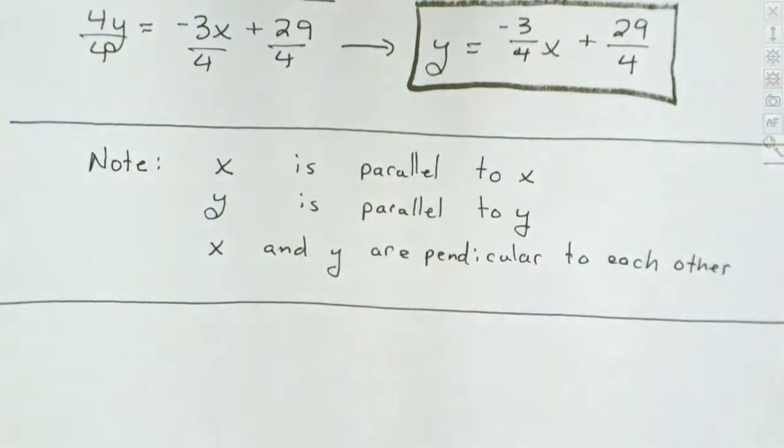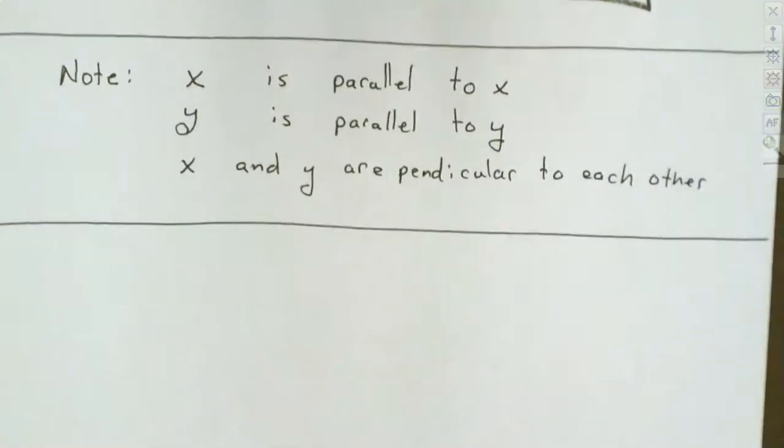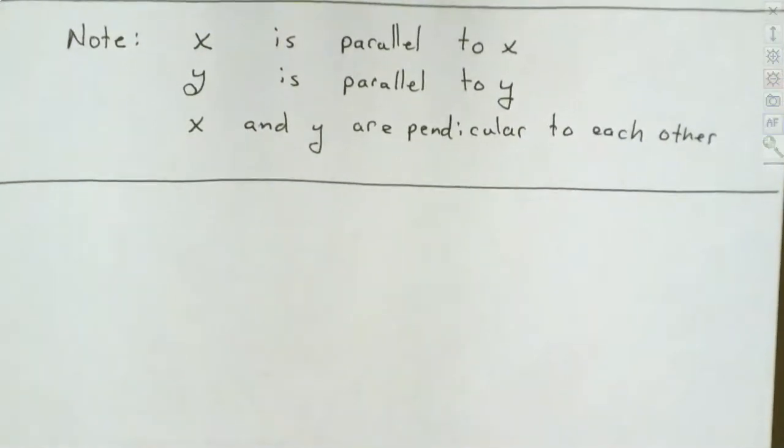So x is going to be parallel to x, y is parallel to y, and when it's the x and the y, they're perpendicular to each other. These next ones are very, very simple. There is not much to do to these at all. It is just like what we looked at before break, just a little bit different.